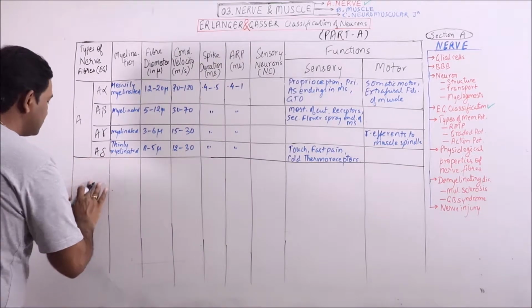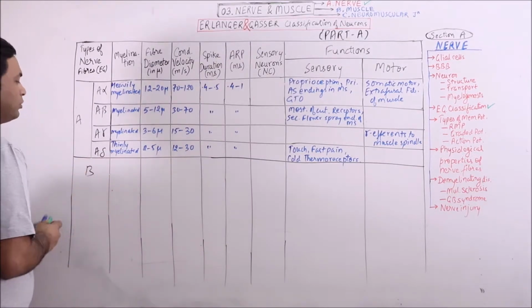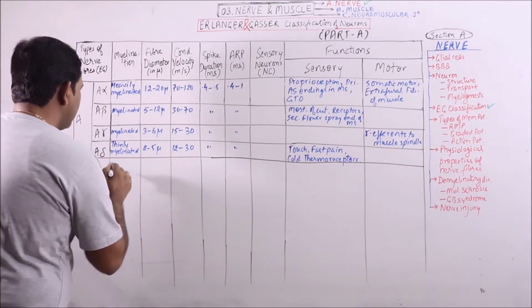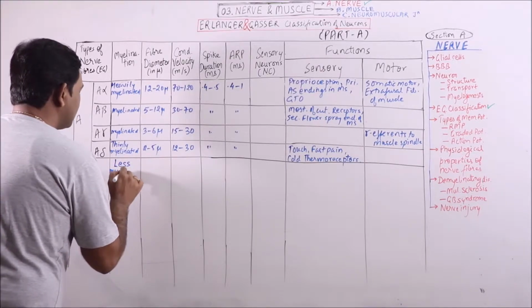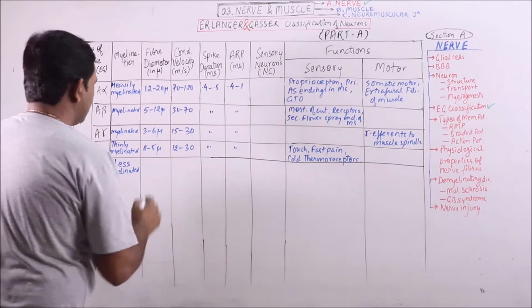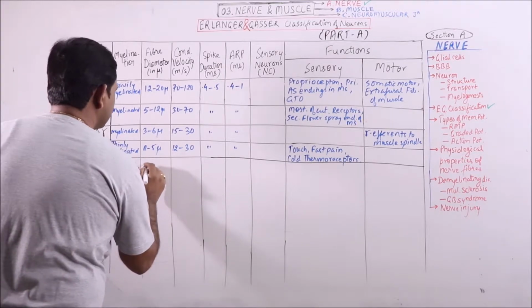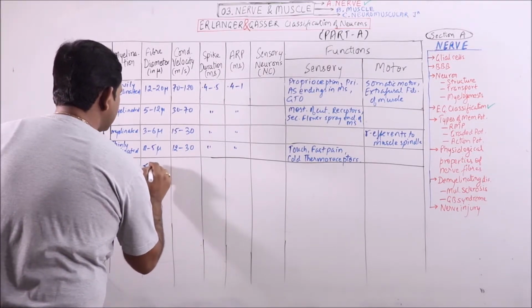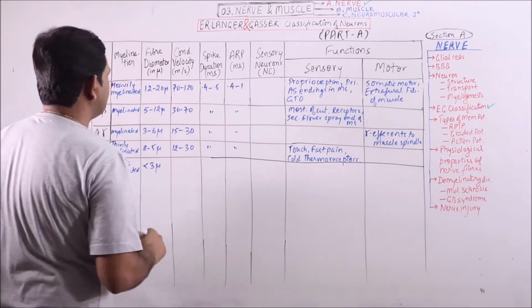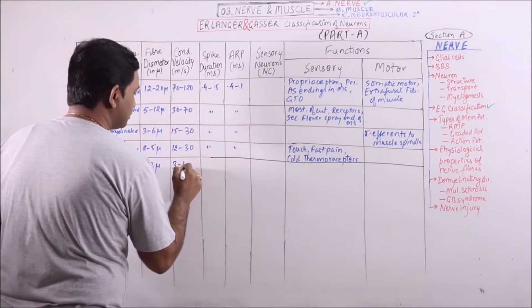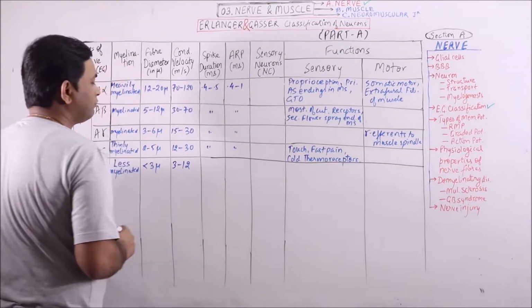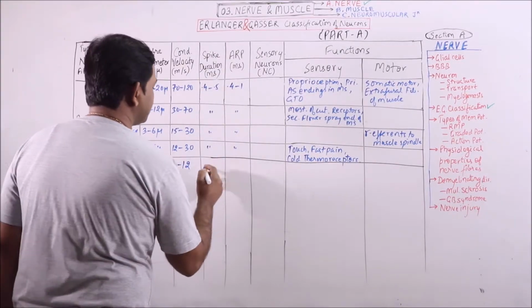Now second one is B fibers. B fibers are basically very less myelinated, having fiber diameter of less than 3 micron. Conduction velocity is 3 to 12 meter per second.